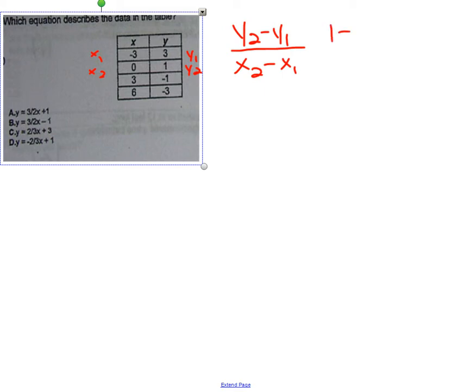So y goes from 1 to 3. x goes from 0 to -3. So what's 1 minus 3? -2. 0 minus -3 is +3.